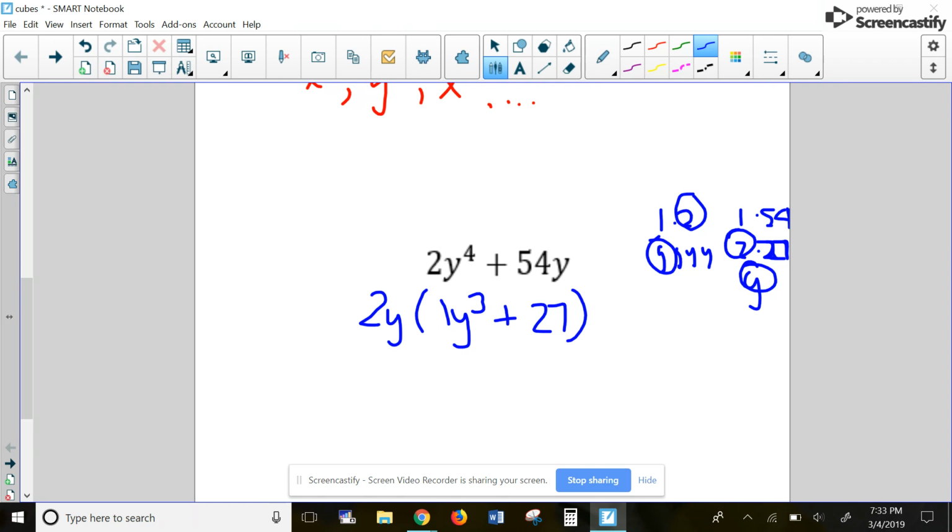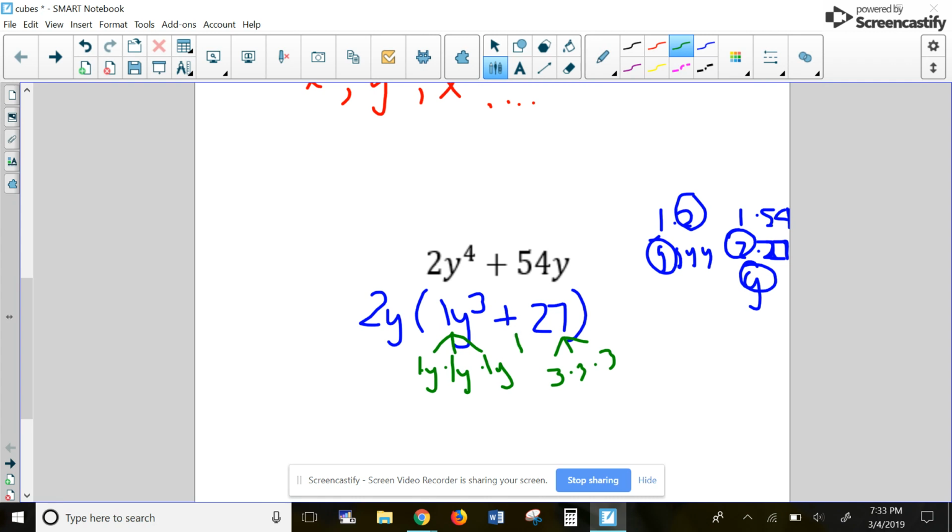So this first term, 1y to the third, is that a perfect cube? Perfect cube means 3 of them will exactly make it. So if I did 1y times 1y times 1y, that certainly makes 1y to the third. 27 is definitely in our list up there. So what number makes 27? A 3 times a 3 times a 3. So we do have perfect cubes.